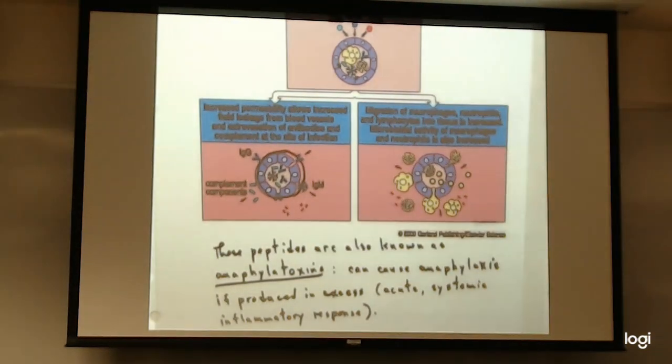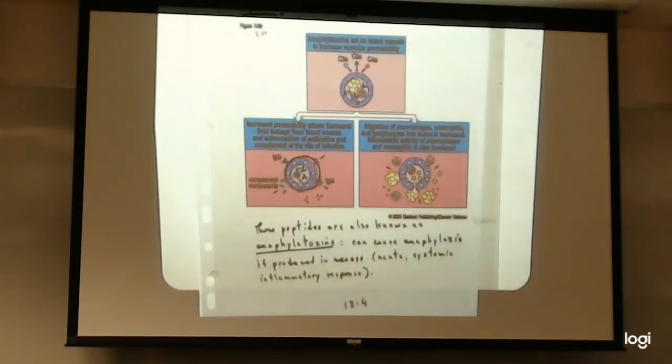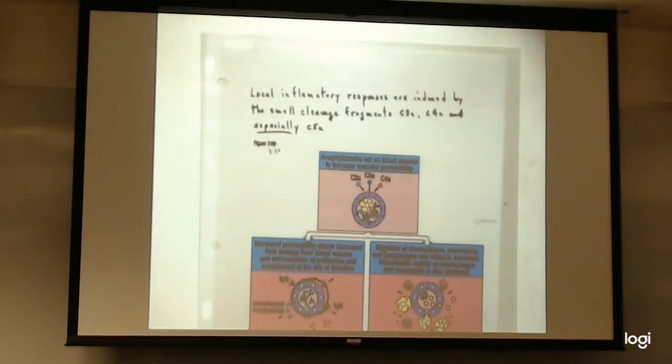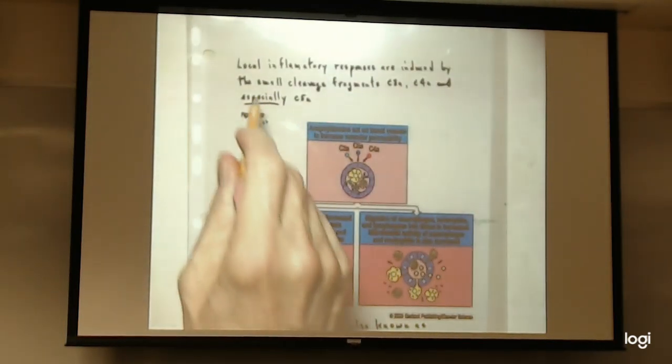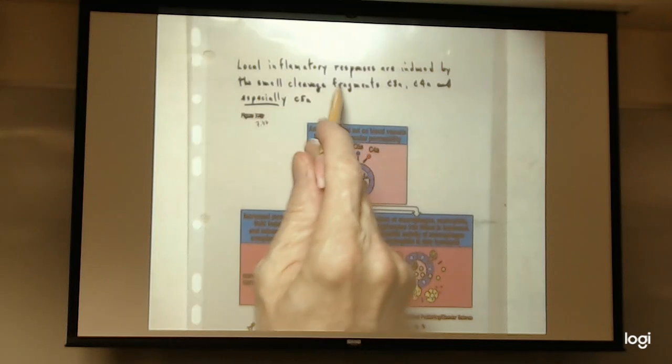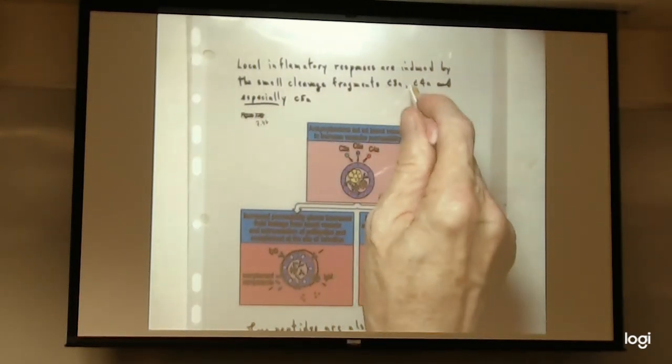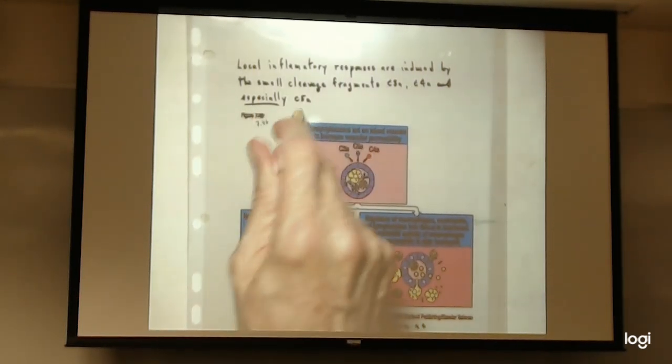Now, a word about the small pieces. Local inflammatory responses are induced by the small cleavage fragments, C3a, C4a, and especially C5a.